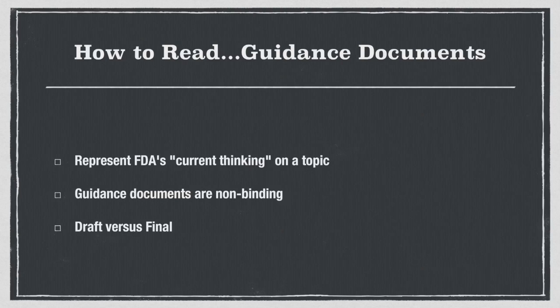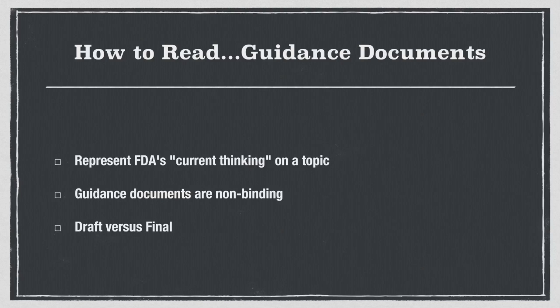Guidance documents is the tricky one. It's not a regulation, it's not a statute, obviously not the Constitution or case law. It is the lowest threshold, the lowest rung of the ladder of authority. So when we talk about guidance documents, it's either when we have nothing else on the topic, or it's the most instructive on the topic because either the CFR is vague or the CFR isn't there, the Code of Federal Regulations.